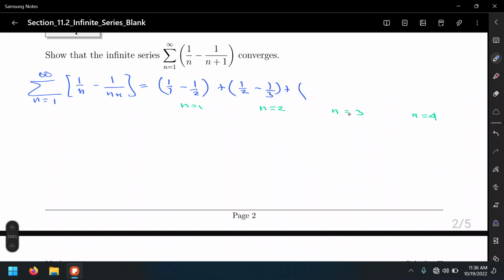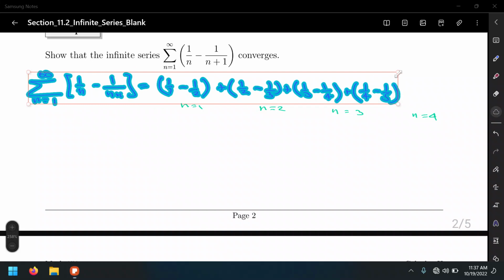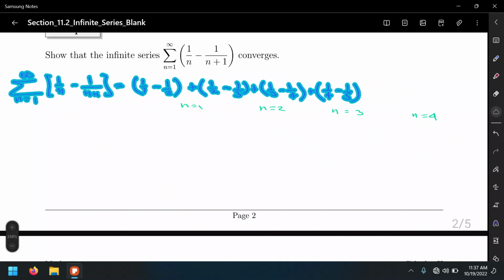Plus n equals 3: 1/3 minus 1 over 3 plus 1, which is 4. Plus 1/4, I think you see the pattern here, 1/4 minus 1/5. And then this series is going to continue forever, pretty much.